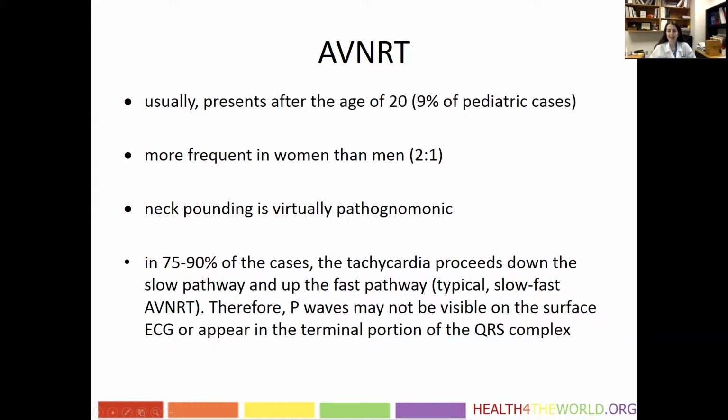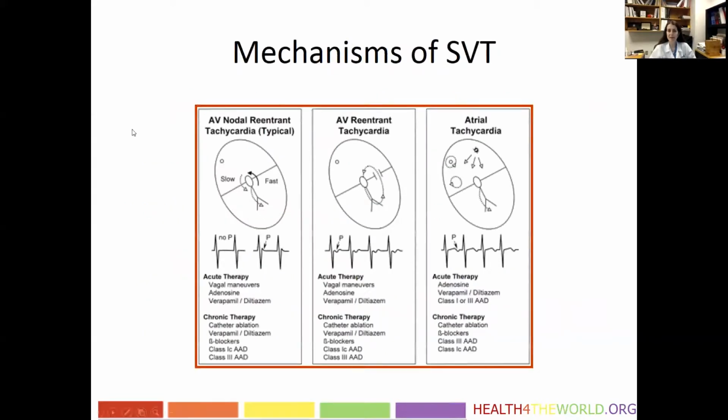And in that typical tachycardia, P waves may not be visible on the surface EKG, or they may appear in the terminal portion of the QRS complex, and that's why we characterize this tachycardia short RP tachycardia.